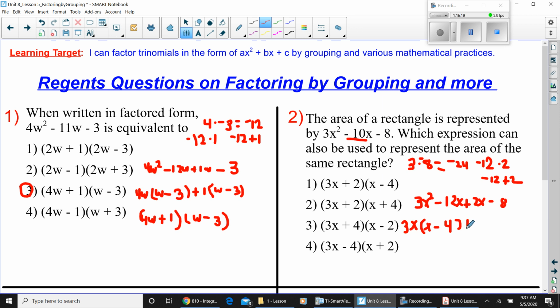Now we have a greatest common factor here, which is 2. 2 times what equals 2x? Good. 2 times what equals negative 8? Good. So now I have 3x plus 2 as part of my answer.